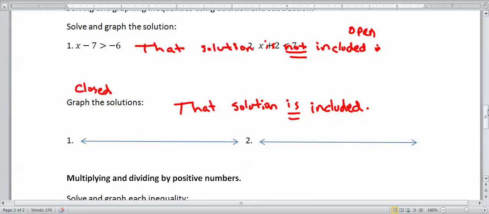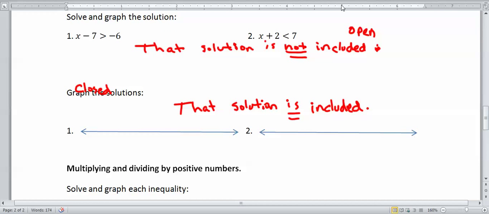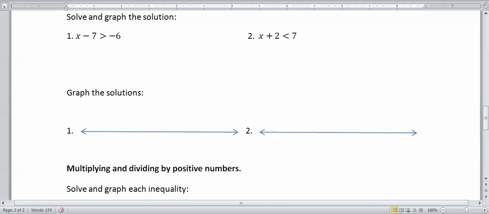Alright, so solving and graphing inequalities. I'm going to solve these exactly as if I had an equal sign here. It follows all the same rules. Whatever I do to one side, I have to do to the other, because if I don't, it changes my problem. So I'm going to pretend like this is an equal sign for now and solve for x. To get x by itself, I need to do the opposite: subtract 7, and then add 7 to both sides.